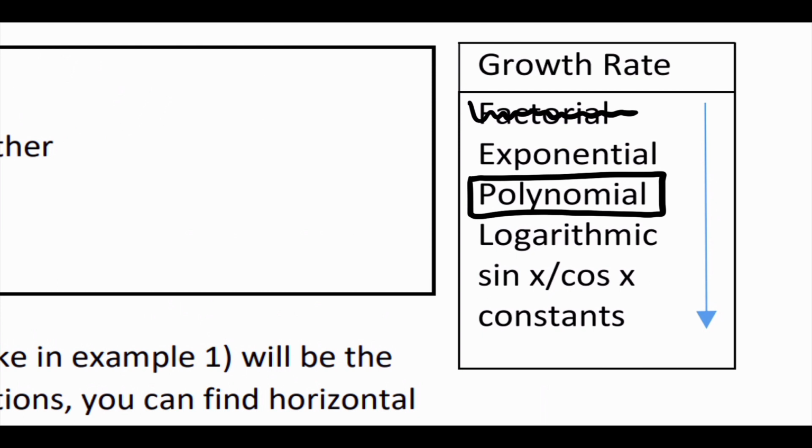The bottom is not a constant. Constant's just a number. If it has a variable, it's at least going to be a polynomial. So which one's going to grow faster, the top or the bottom? Polynomial, right? Growth rate.